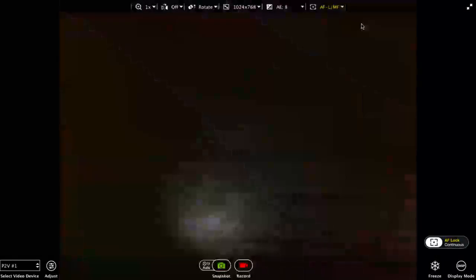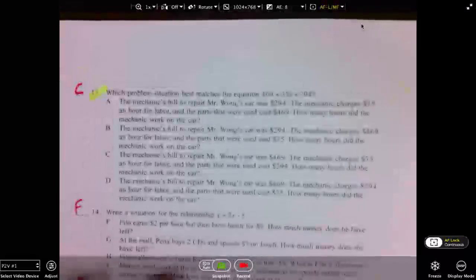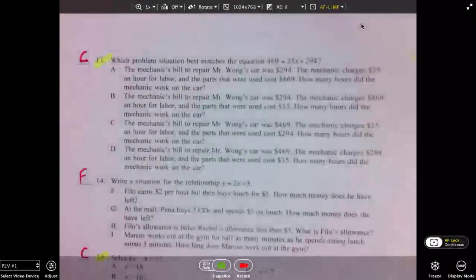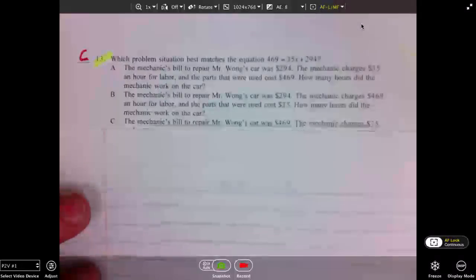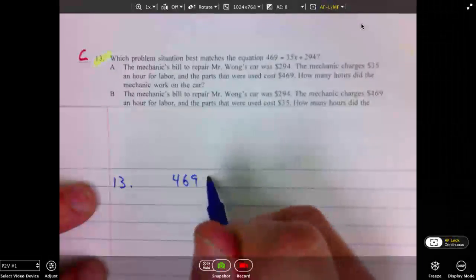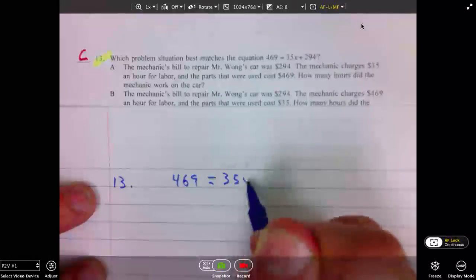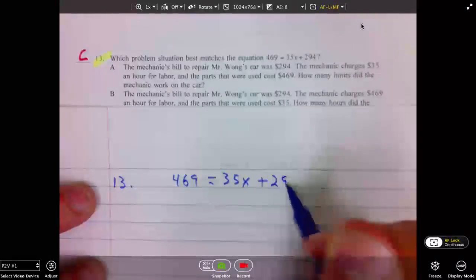Okay. Next, number 13. It gives us a statement: 469 equals 35x plus 294.